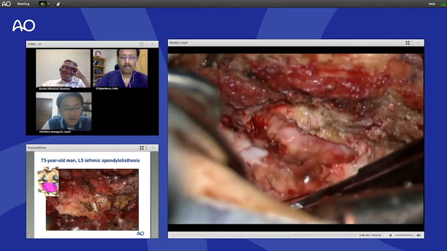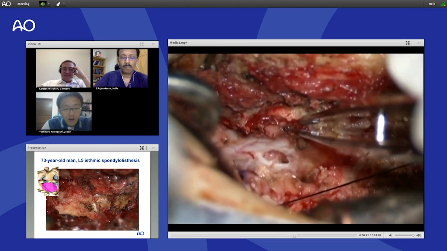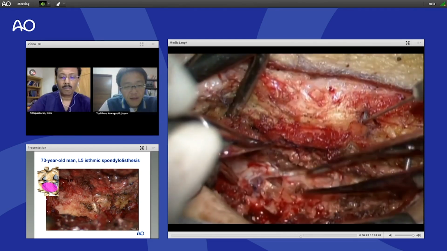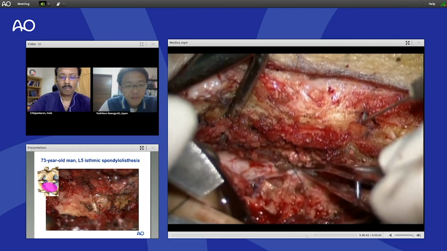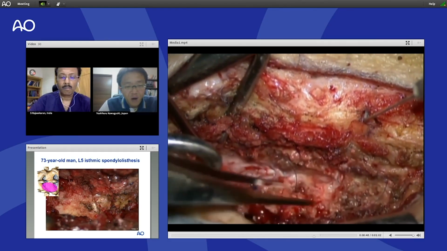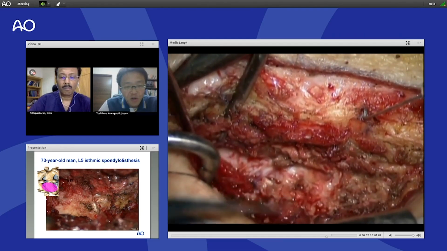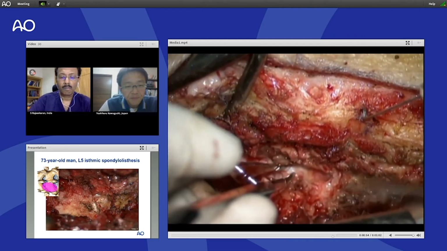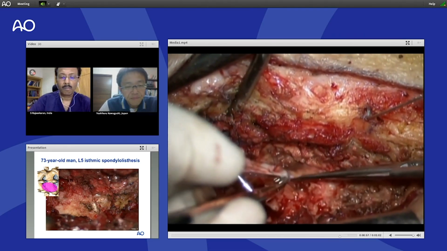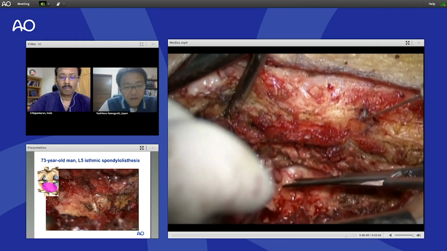That is very important. The doctor will confirm the hole, and the hole is very small, and fortunately the doctor can suture the hole. That frequently happens.